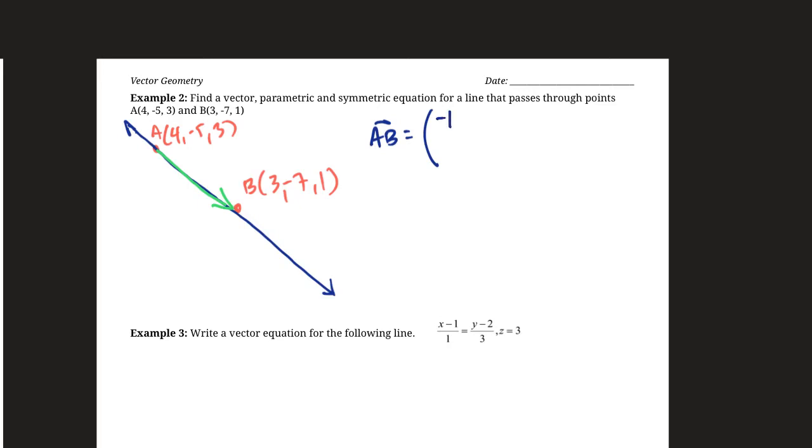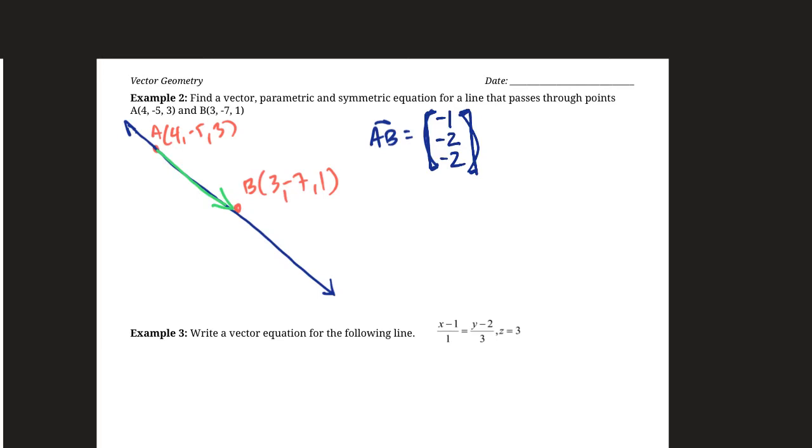Negative 7 minus negative 5 is going to be negative 2, right? It's like negative 7 plus 5. And then 1 minus 3 is also negative 2. Oh, and we usually do vectors as square brackets like that, so let's do it like that. So AB is [negative 1, negative 2, negative 2], right? So that is a direction vector for our line.